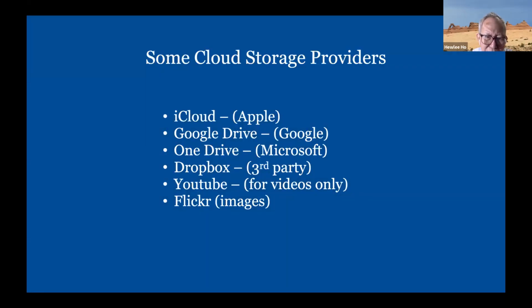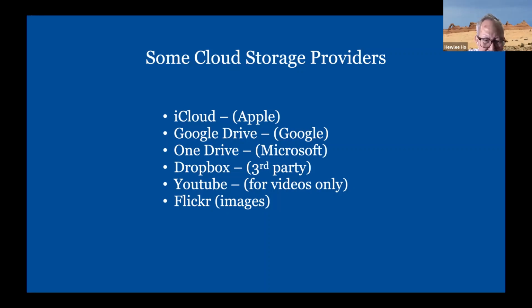For cloud companies, these are the few popular ones. As I said, Apple, if you open an Apple account, they give you a certain free memory size. Google also, you open a Google account, they will give you a Google Drive with, I think, 15 GB of free storage. If you want to store more, you have to pay. Same thing with Microsoft OneDrive. They call by different names, but basically they're all doing the same thing.